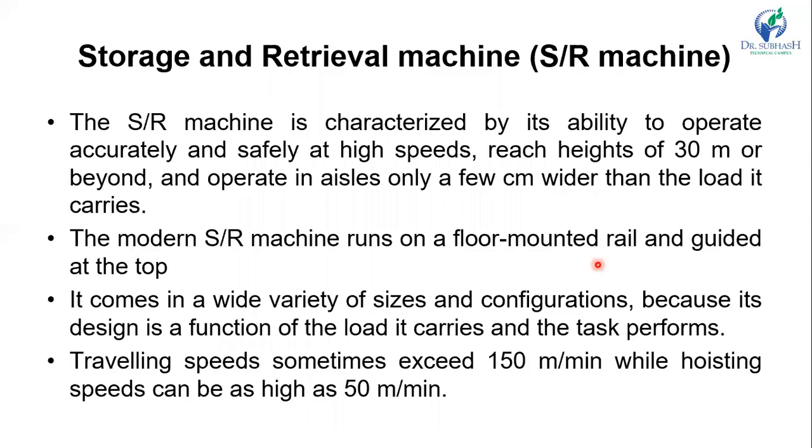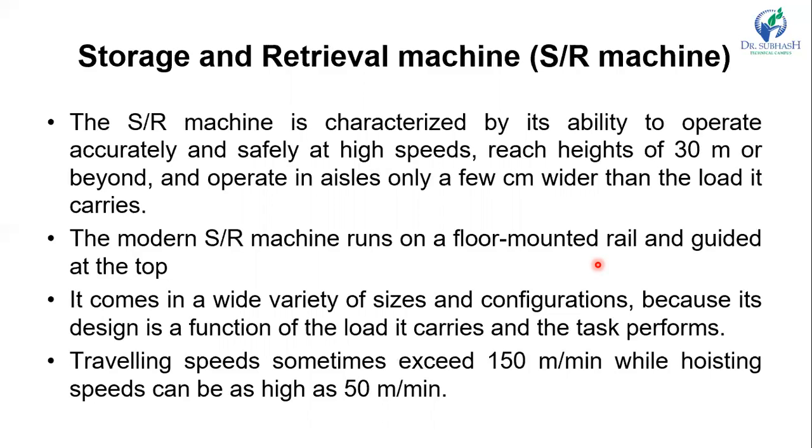Now, speed is generally determined by the system's throughput requirements, that is, how many loads need to be stored and retrieved in an hour. So the traveling speeds sometimes exceed 150 meters per minute, while hoisting speed can be as high as 50 meters per minute.